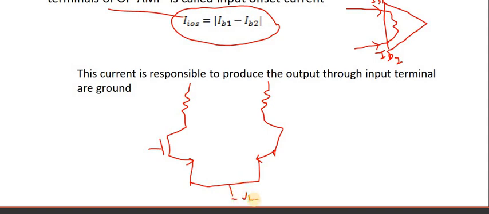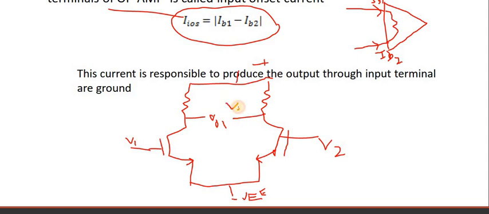Here is minus VEE and here some VCC positive supply. These are the inputs V1 and V2, and here I can say VO1 or VO2, whatever you want to write.